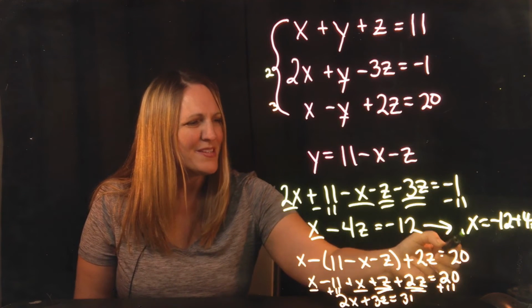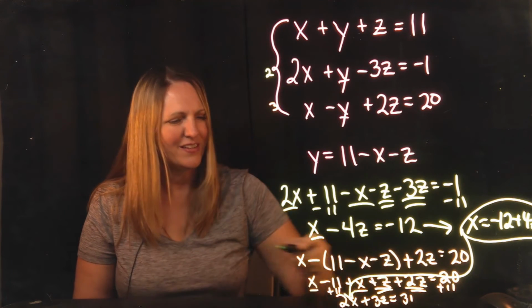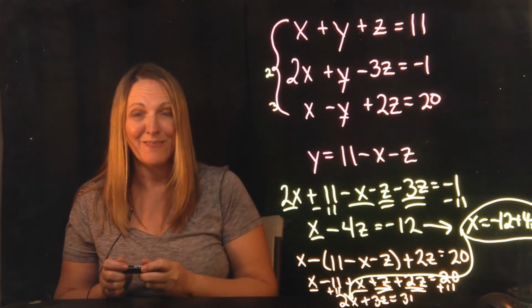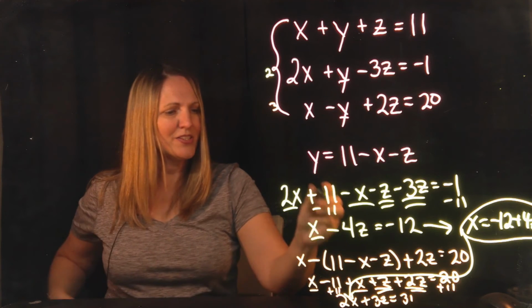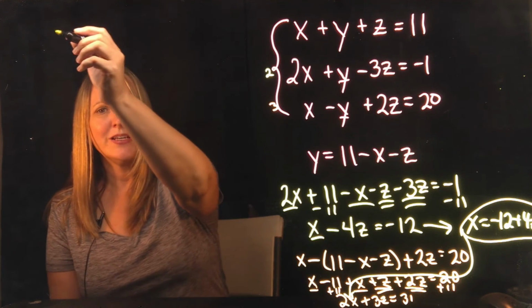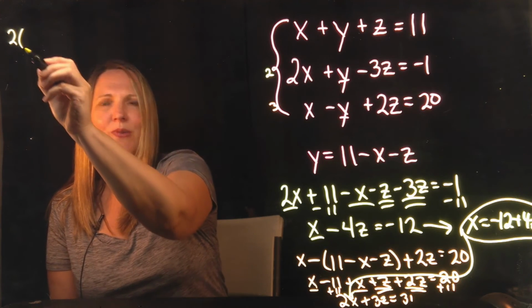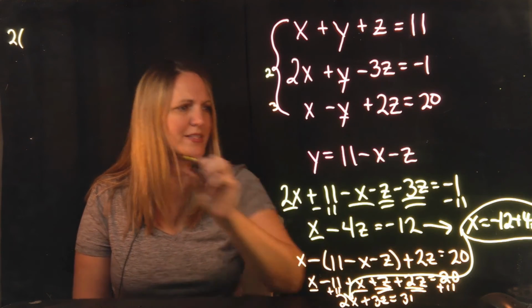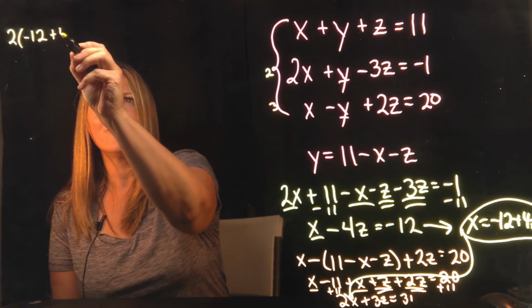Now I can substitute this x in to my equation 3 and see what we get. Let's take a look. So I'm using equation 3, which is 2x, but instead of x, I'm going to write what my x equals, which was negative 12 plus 4z.